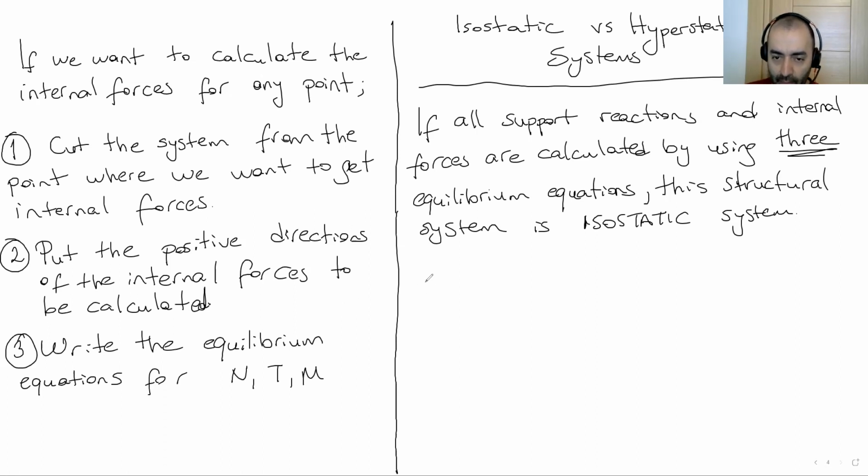Let me give you some examples. The simple beam, you know this one well. You have pin support and roller support on each side. You may have frame systems like this, again roller support at one side and pin support at the other. It may be a cantilever system. A cantilever is always an isostatic system.